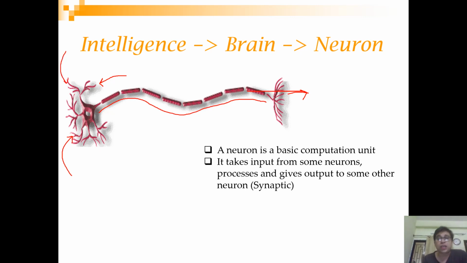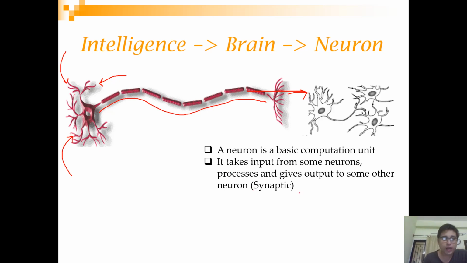Like we can receive different stimuli from our different sense organs, and they are associated with some kind of weight. So all stimuli will not be treated with equivalent weightage. The thing that determines that is the synaptic connection between this neuron and the other neuron, which is known as the synaptic weight.